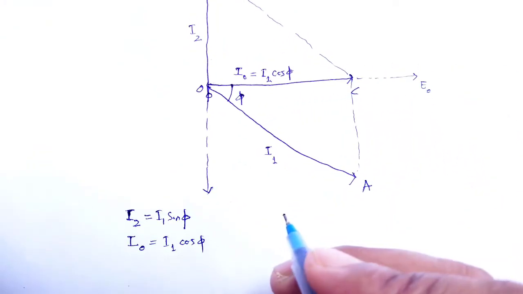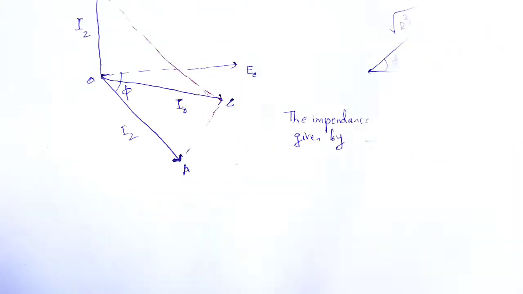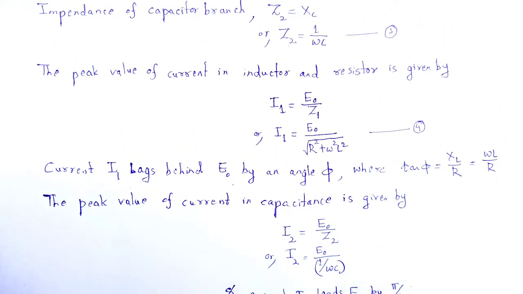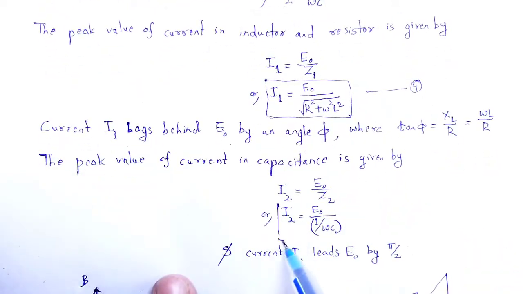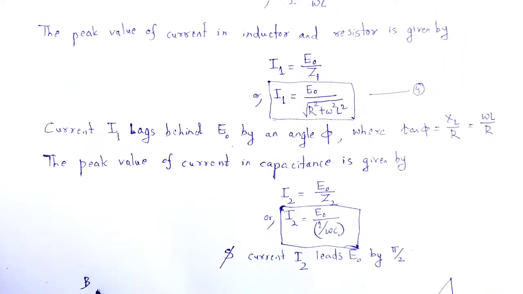Since I1 and I2 are given as, this is I1, therefore I2, that is I1, that is I2.